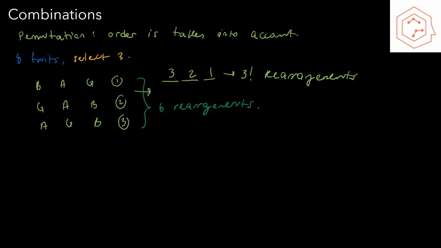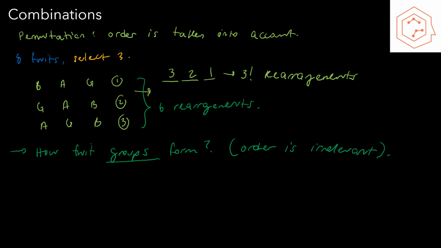Now, what if we ask the question, how many fruit groups we could form? So in this case, order is irrelevant. We do not care about the order anymore. We just want to know how many distinct groups can we form. So one potential group could be this banana, apple, grape.